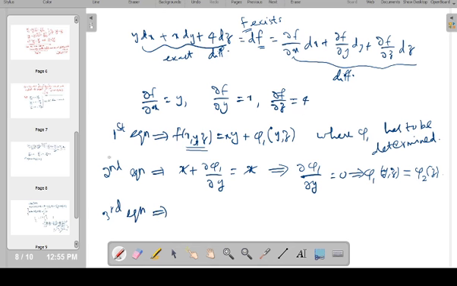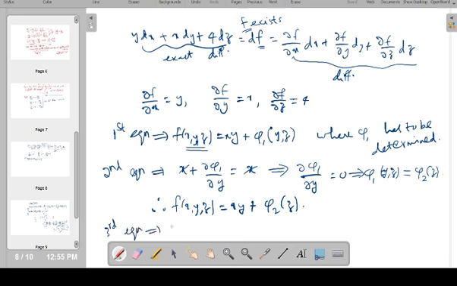Therefore, f of x, y, z equals xy plus phi2 of z. Now let me use the third equation. Dou f by dou z is equal to 4.